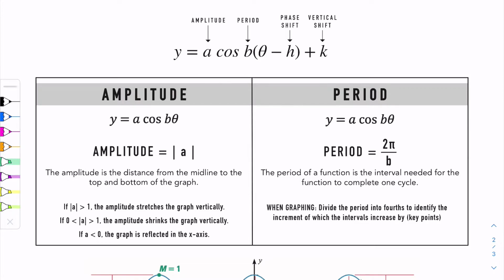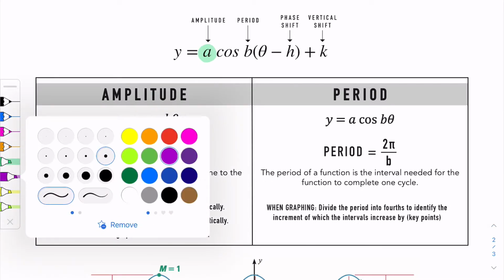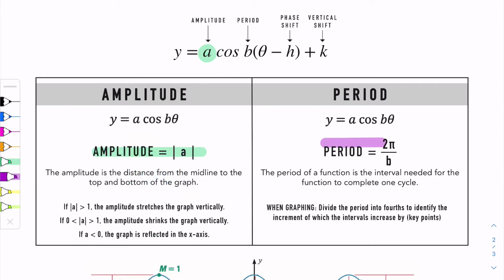Same as the sine function, we have what we call the amplitude and the period. The amplitude is found by the absolute value of A, and your A value is always in front of your function. The period is found by 2 pi over B, and the B value is always located directly before theta.